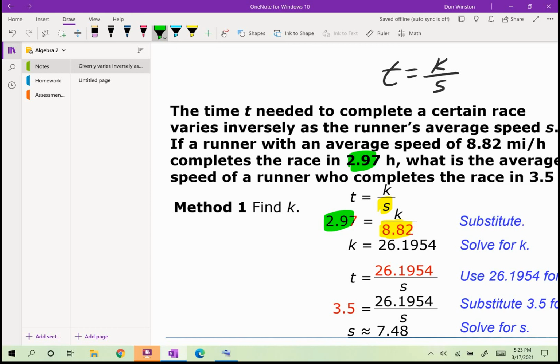So again, we multiply: T times S equals k. So k equals 26.1954. And so now we have our inverse variation equation.